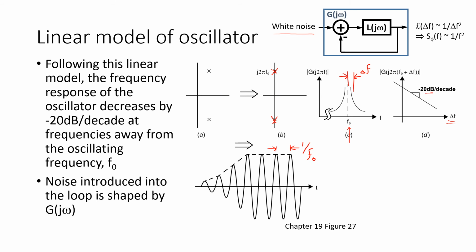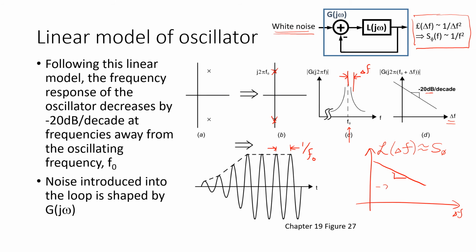As a result, the phase noise that arises at the output we can expect will have a similar shape. Certainly the script L, which we've already said is a good approximation for the phase noise, in response to white noise introduced anywhere into the oscillator loop, is going to have a shape like this, rolling off at 20 dB per decade.